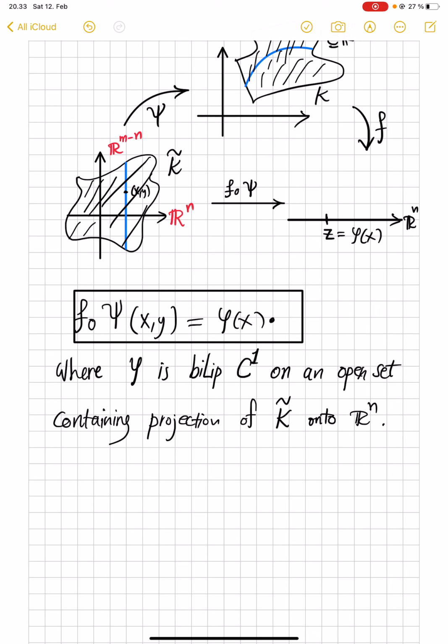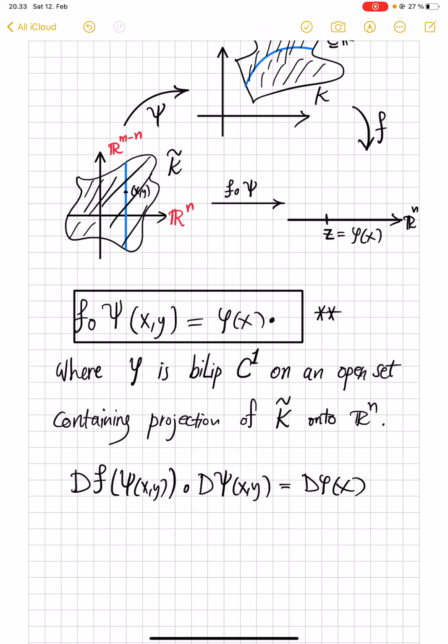So from this formula, let's call it formula double star, we already had star: the derivative of f at psi of xy, composed with the derivative of psi at xy, is the derivative of phi at x. That's just the chain rule of derivative.